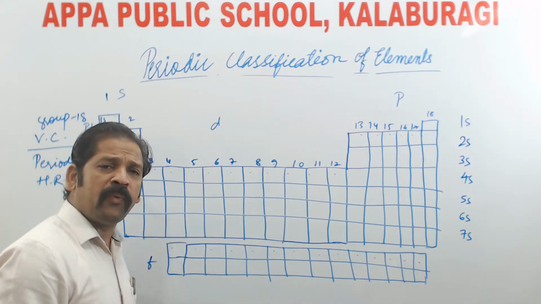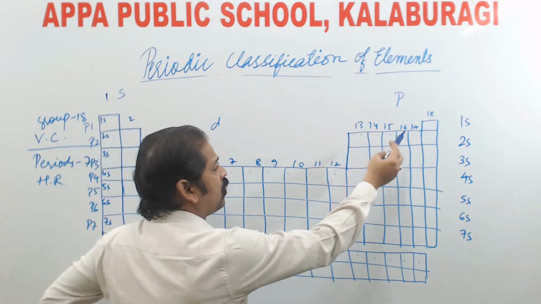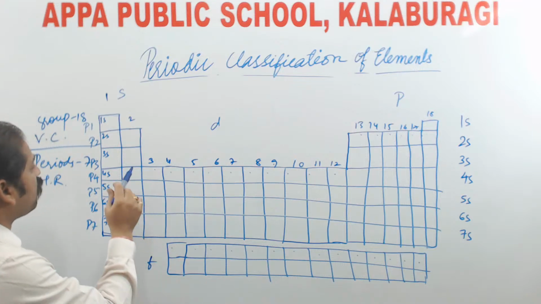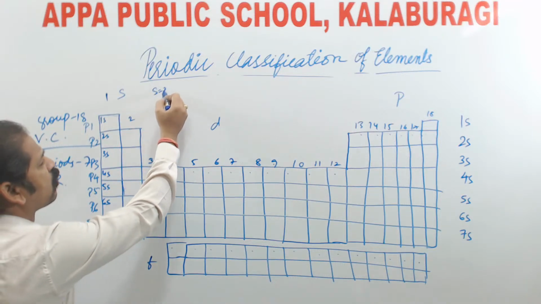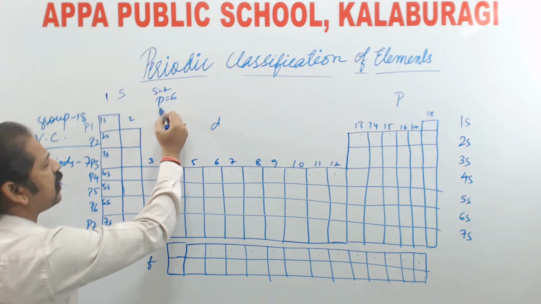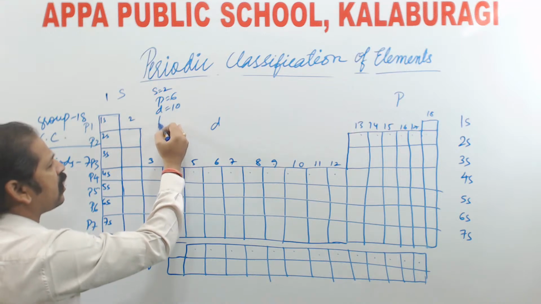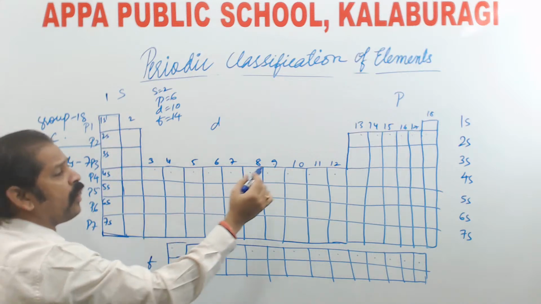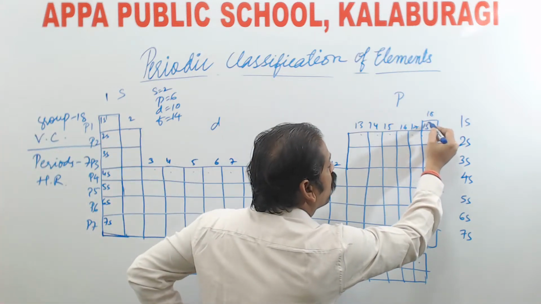Actually, the first element of the 18th group is helium, because S block maximum is 2, P block maximum is 6, D block maximum is 10, F block maximum is 14. So 1s1, 1s2.